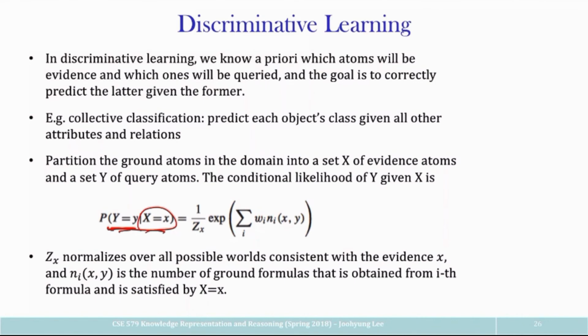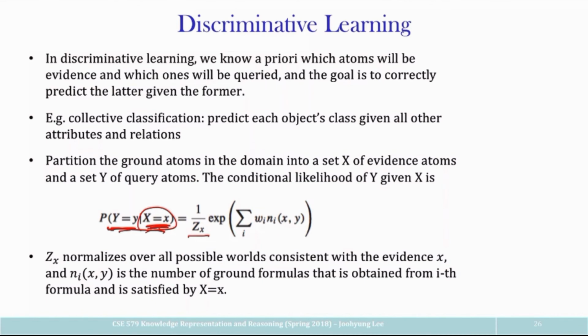In terms of the equation, it is pretty similar, except that now the normalization factor should be only those that are consistent with the evidence. When you sum up all the weights of the interpretations, you don't do that with respect to all interpretations, but only look at the interpretations consistent with the evidence.